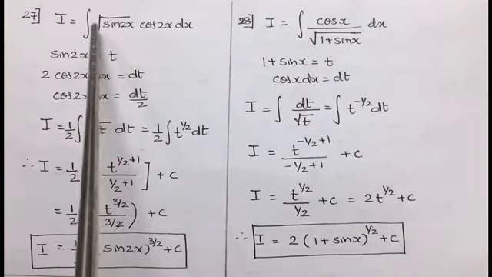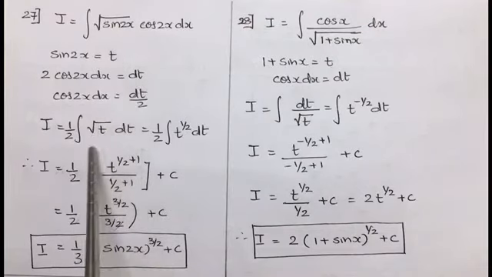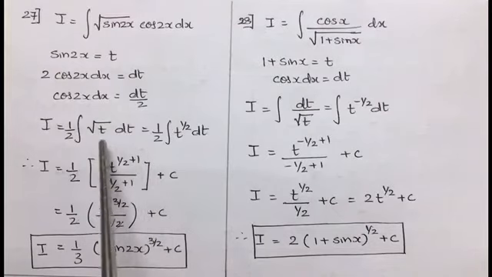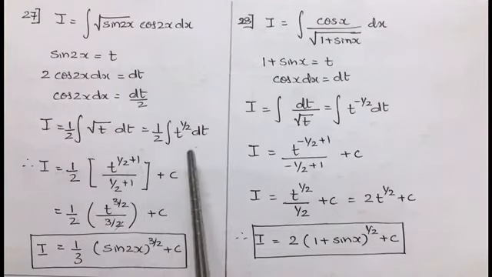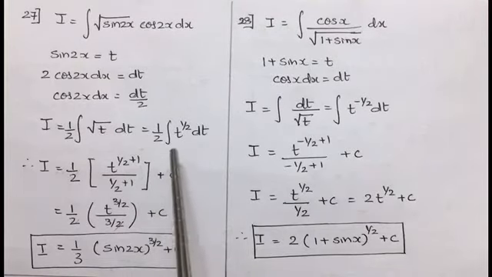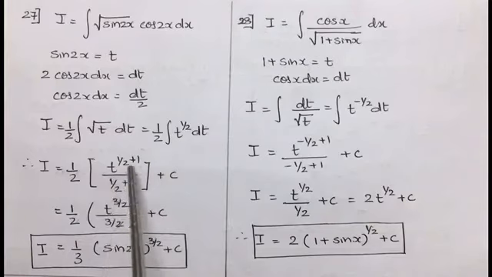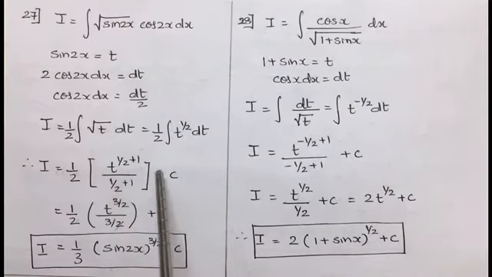Now root of sine 2x is expressed as root t. Now root t is further written as t raised to half dt because the power integration we have to take. So we have integrated it by taking n plus 1 upon n plus 1, that is t raised to n plus 1 divided by n plus 1 plus c.